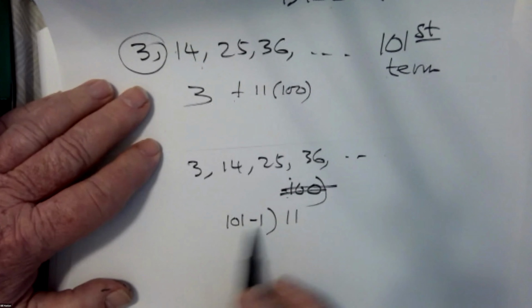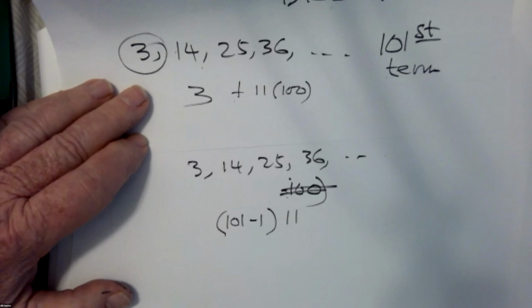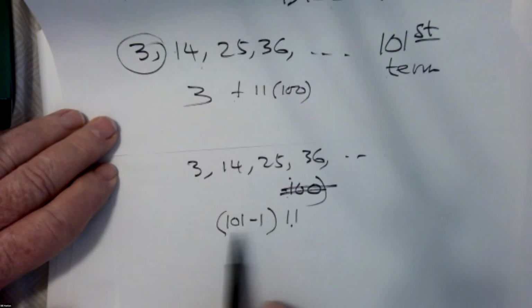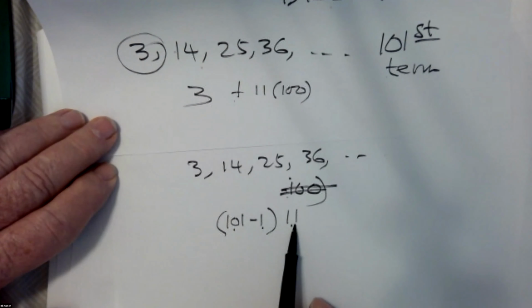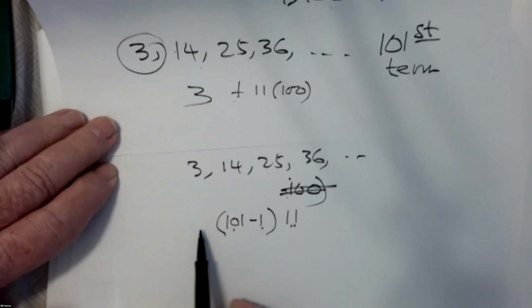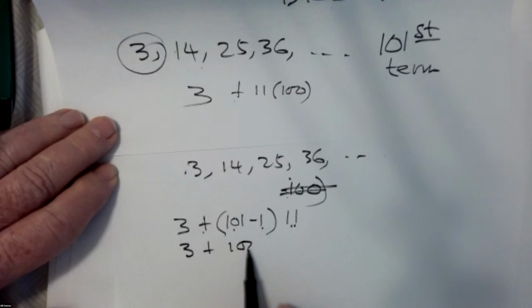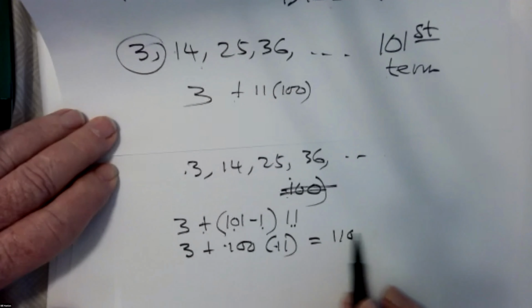So 101 minus 1 times. In doing that last problem, I'm adding the common difference one less time than the term I'm looking for, since I'm looking for the 101st term. And what am I adding that to? The first number. So this turned out to be 3 plus 100 times 11, which is 1103.